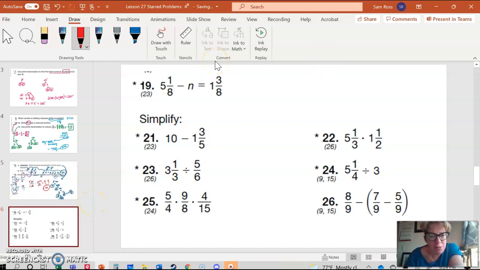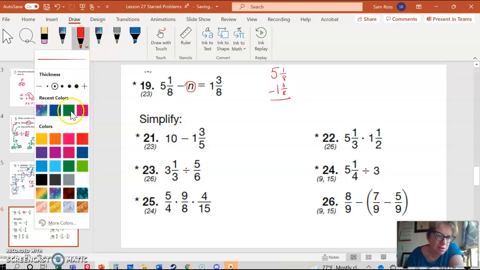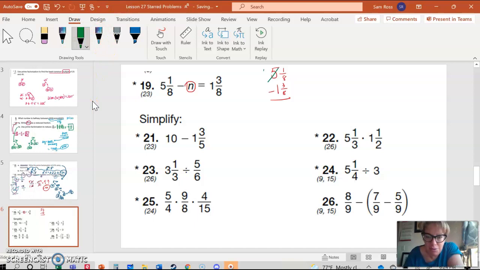Okay, so here we have the variable as second, so we're going to have to subtract. So I have 5 1/8 minus 1 3/8. I'm going to have to borrow here, so let me borrow in a different color. So that's 4 plus 8/8, which is the one that I borrowed.